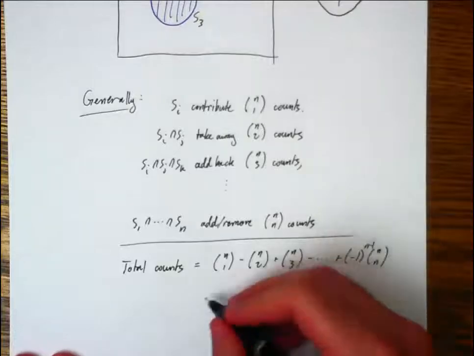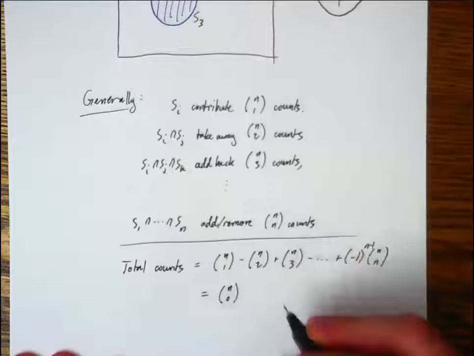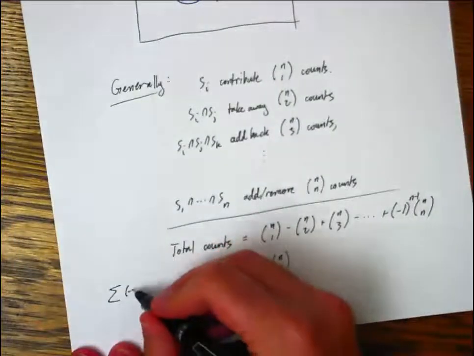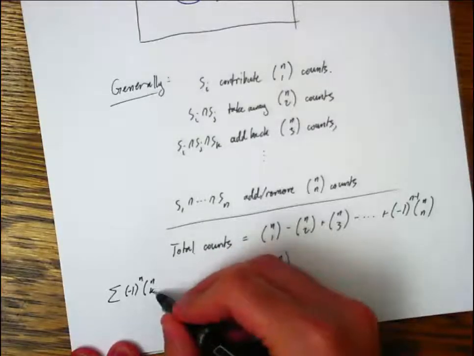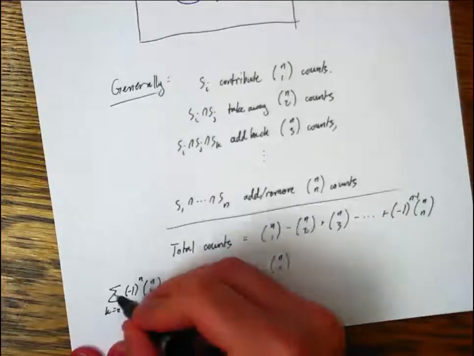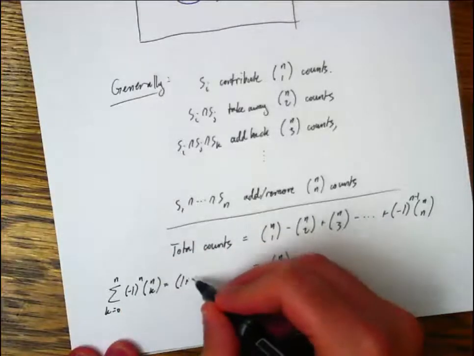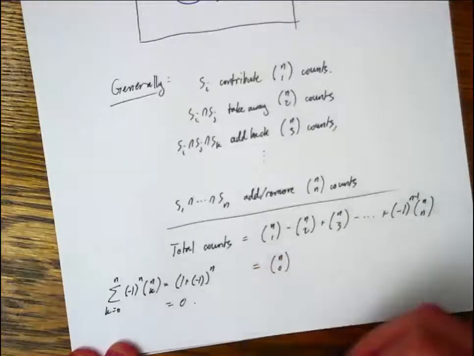Okay. By the binomial theorem, we know that this is n choose 0. Right? This is exactly the sum over here, minus 1 to the n times n choose k, k ranging from 0 to n. This is the same thing as 1 plus negative 1 to the n, and that's 0.